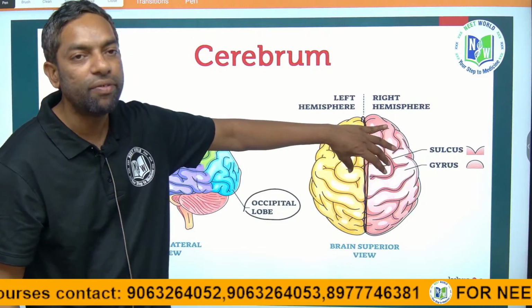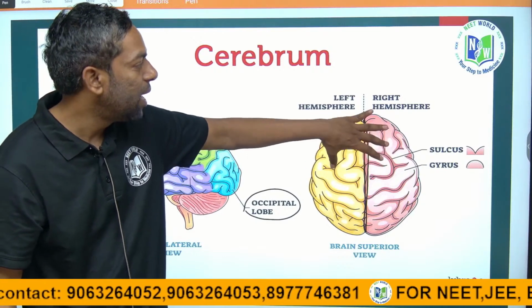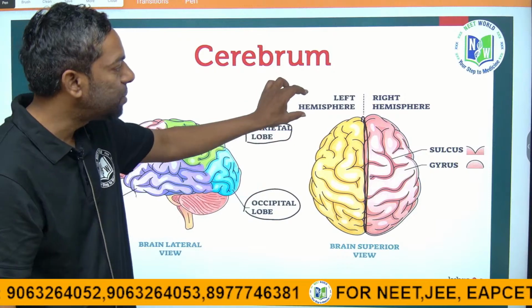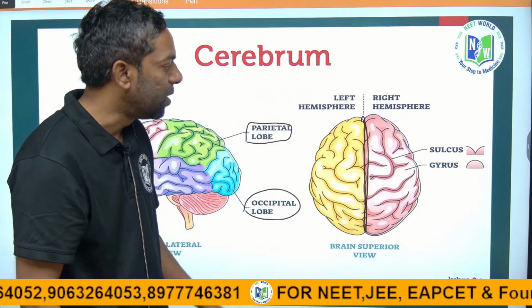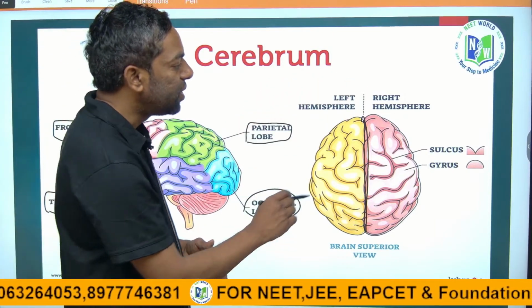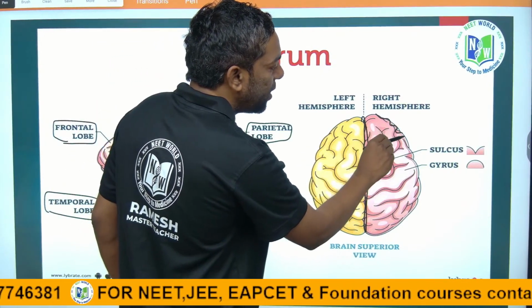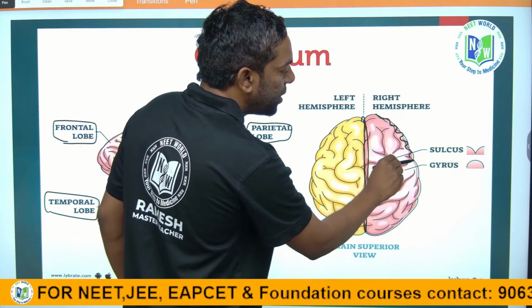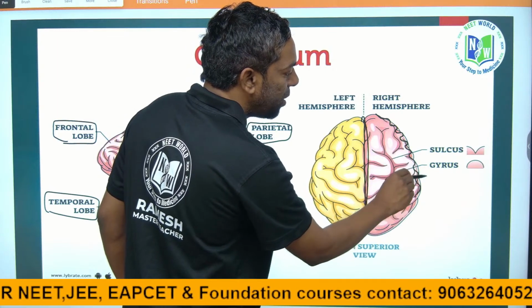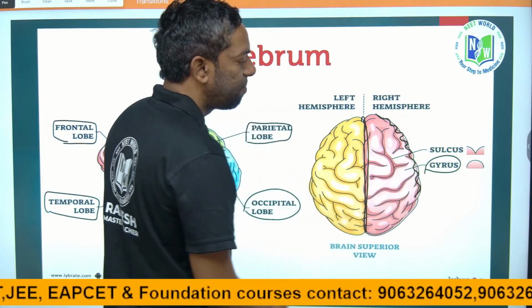The corpus callosum is a bundle of axons that connects both cerebral hemispheres, the left hemisphere and the right hemisphere.